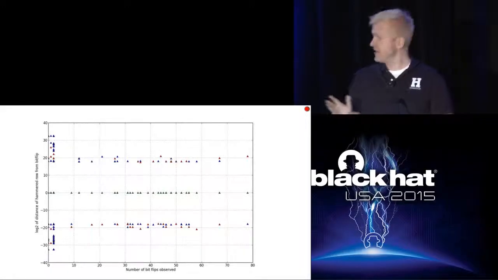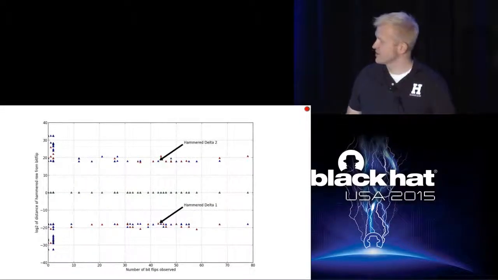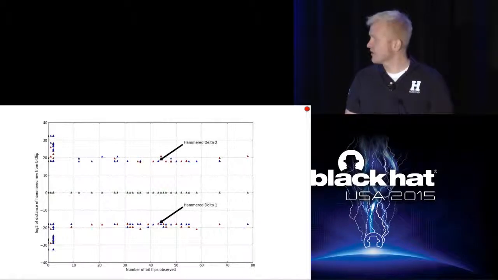But to the right-hand side, you see fairly consistently, and this is just an illustration, a blue triangle means this is hammering above one of the addresses that we were targeting, and a red triangle is the other target that we're hammering.